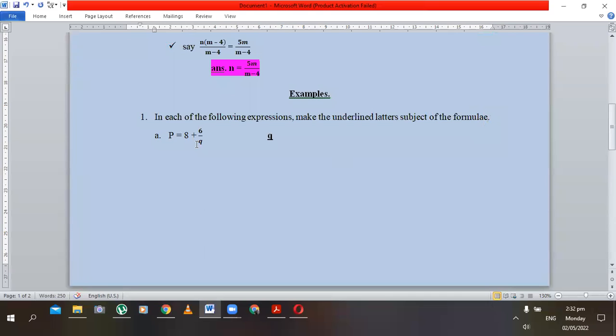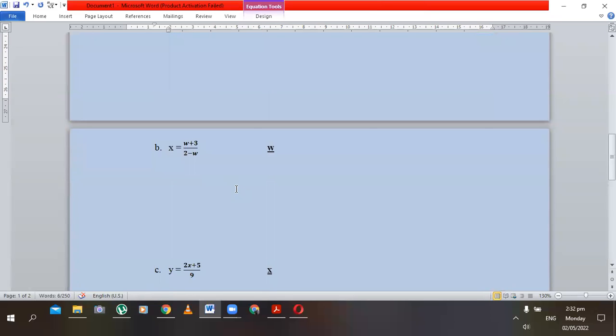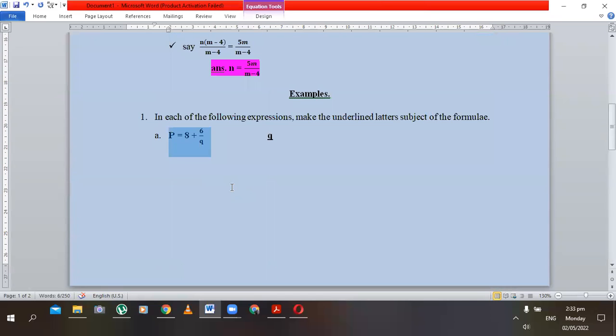So let's see. In here we have P equal to 8 plus a fraction, 6 over Q. So what are we going to do?